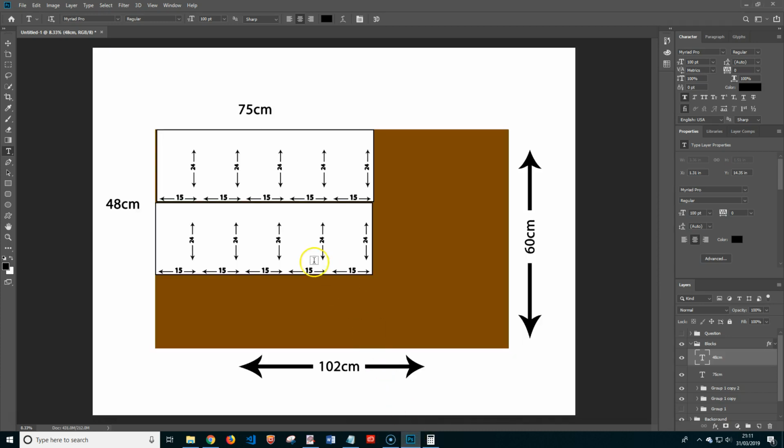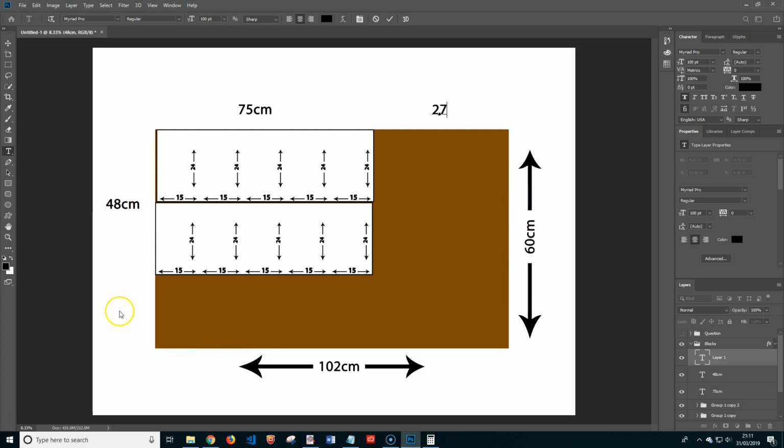We know that the width is 75. 102 leaves in here. So that'll be this little bit here. 75 from 102 leaves 27. So we'll put in 27. And then this little part down here, we know that this side is 60.